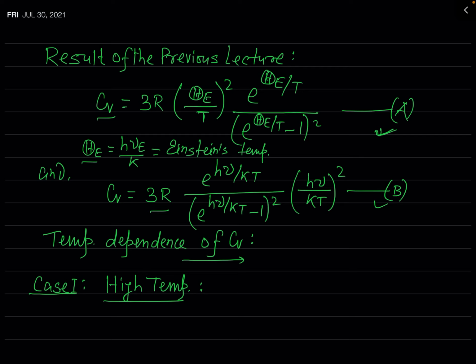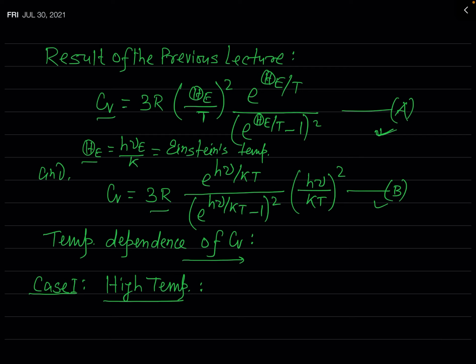So our aim in this lecture is to discuss its temperature dependence, and for this we will particularly consider two regions of temperature. First of all, we will consider the high temperature region, and after that the very low temperature region. So let us see. The first case we consider is when temperature is very high.